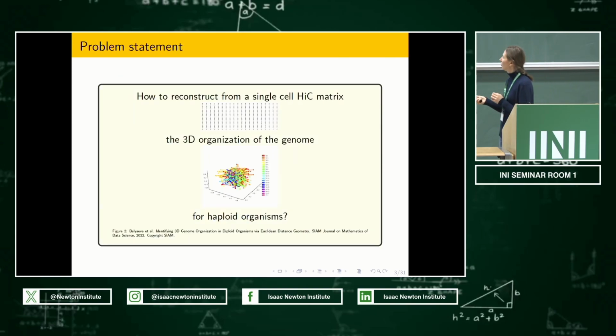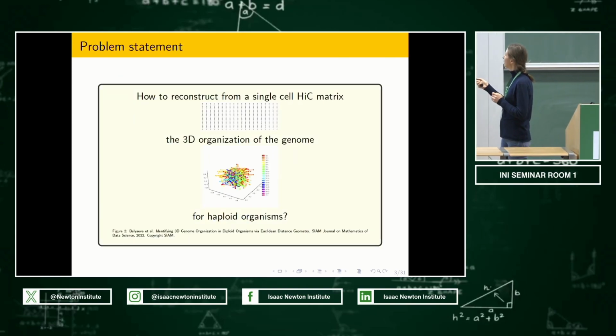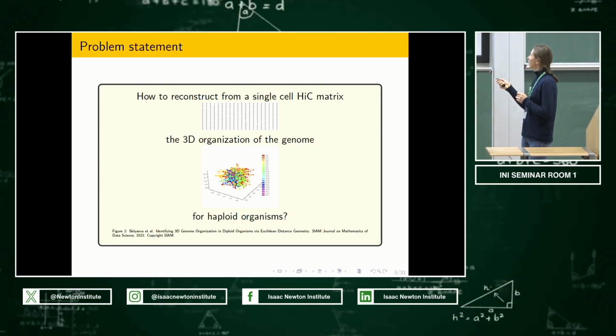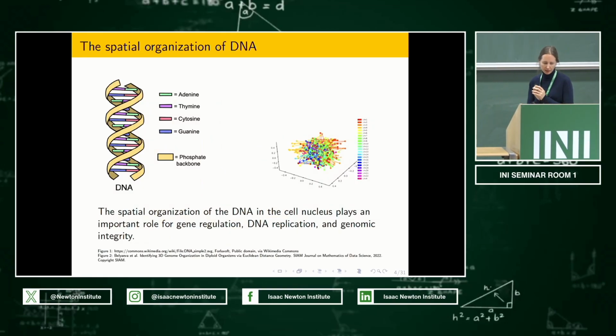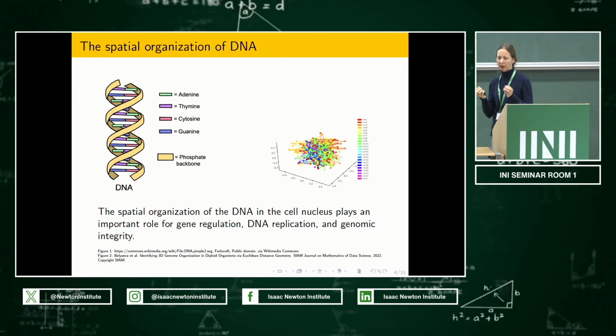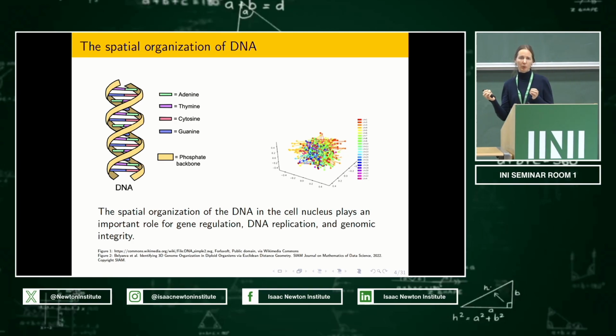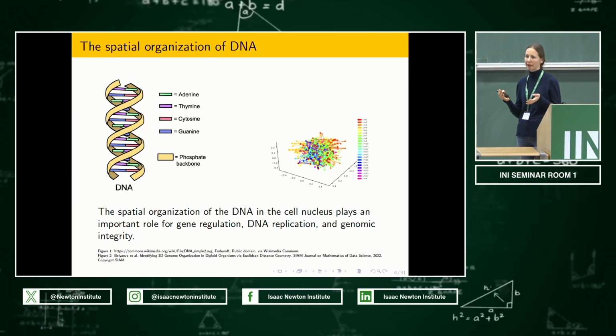Right, and so maybe a little bit more. I will tell about this matrix more in a couple of slides. But you probably are all familiar that the ordering of nucleotides is important, or what nucleotides we have, but maybe have heard less about the three-dimensional structure.